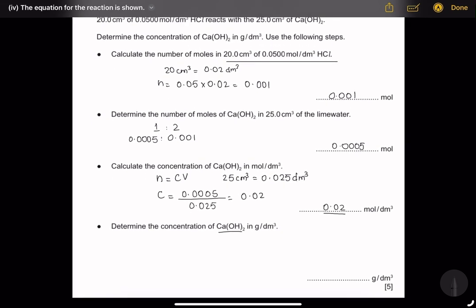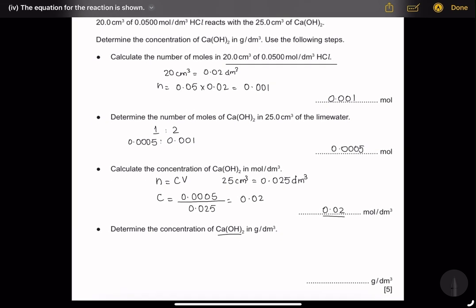That will be 74. So 74 times 0.02 is equal to 1.48. So the concentration in gram per dm cube is going to be 1.48 gram per dm cube. Let's move on to the next question.